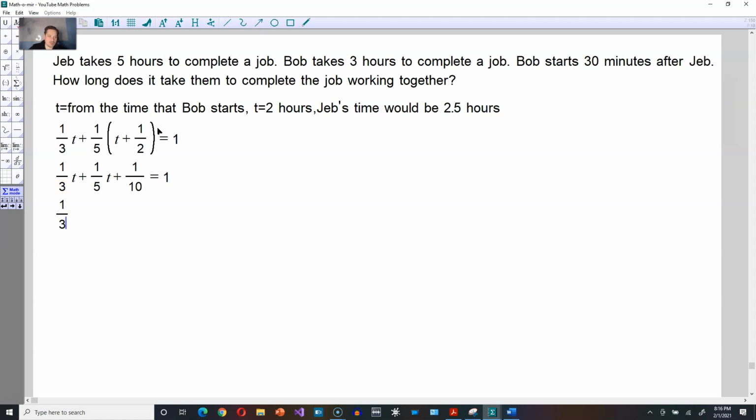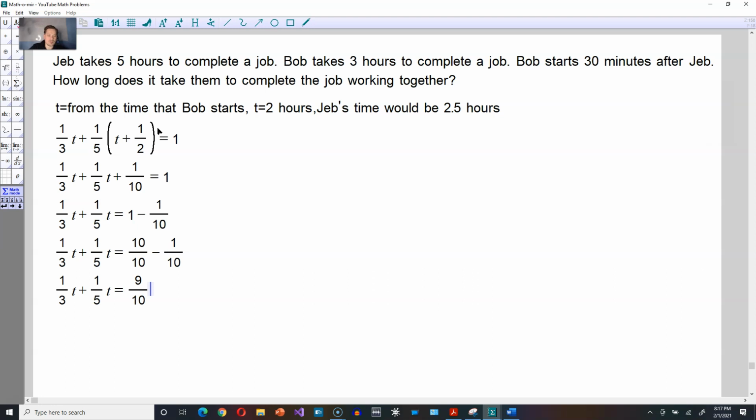Now let's solve this. It's going to be 1/3 t plus 1/5 t is equal to, on the right side, 1 minus 1/10. On the right side, you're going to write 10 divided by 10 minus 1 divided by 10, so it's going to be 9 divided by 10.